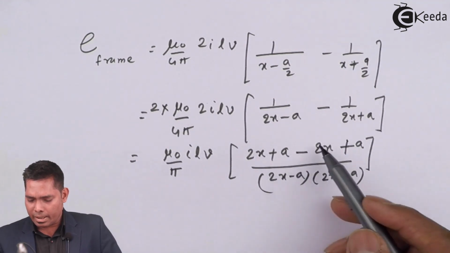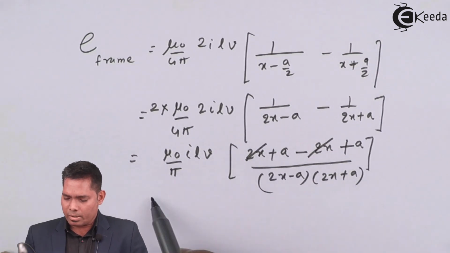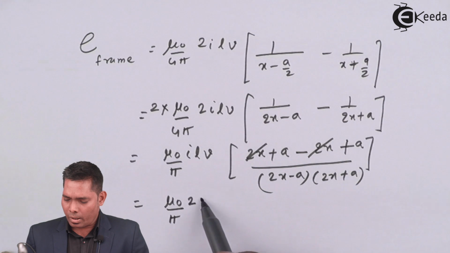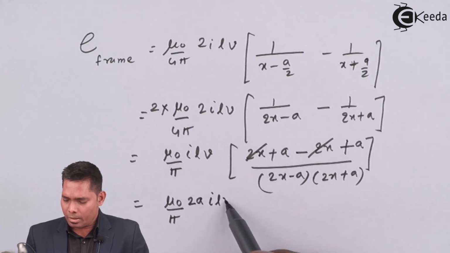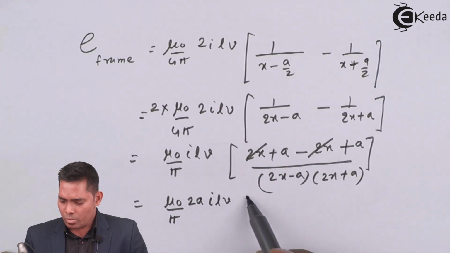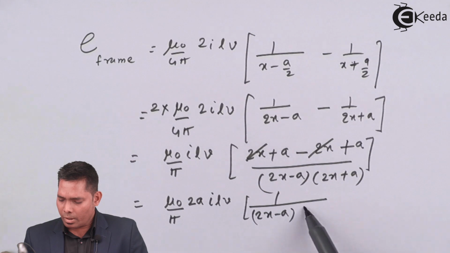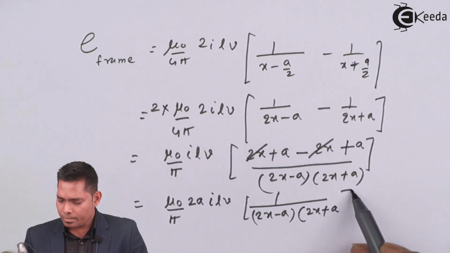So this will cancel out, and this 2a is there, so mu 0 upon pi, 2a from here, ILV from here, into 1 over 2x minus a and 2x plus a.